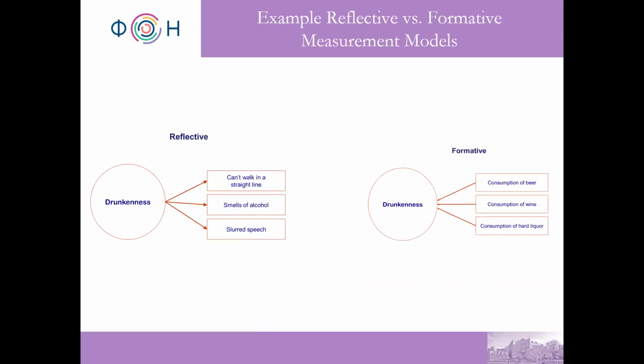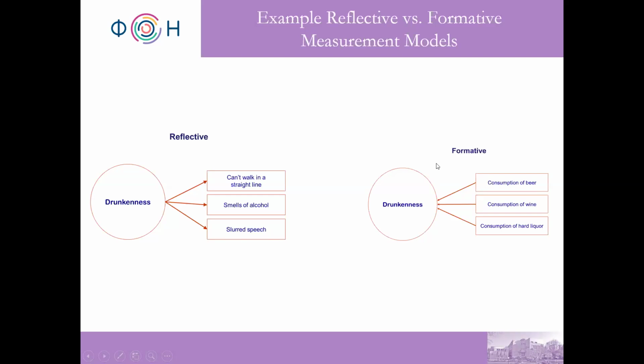Here is a way to make a better distinction between reflective and formative models. For example, in a reflective model, we have our latent variable drunkenness, which causes us to not be able to walk in a straight line, to smell of alcohol, and to not be able to speak very well.